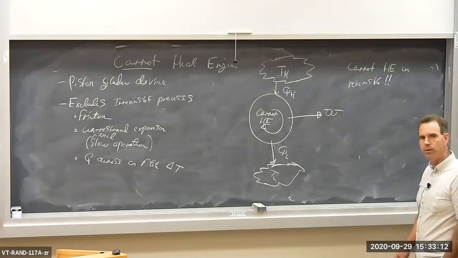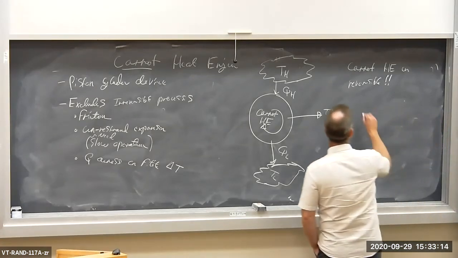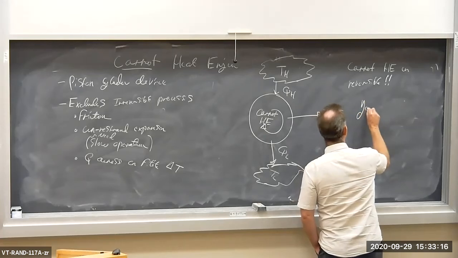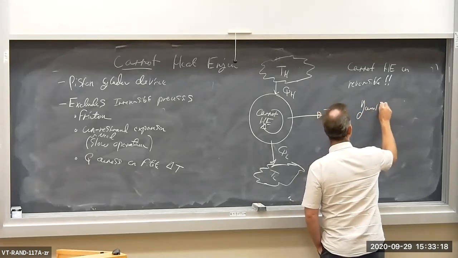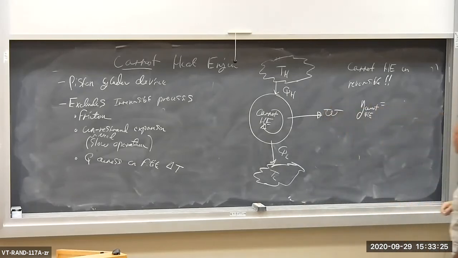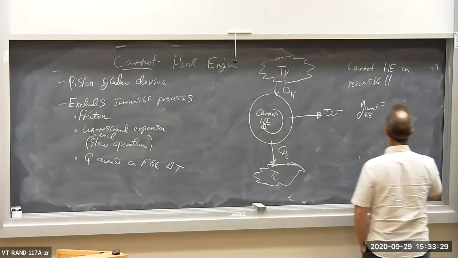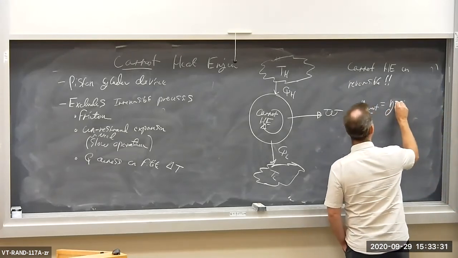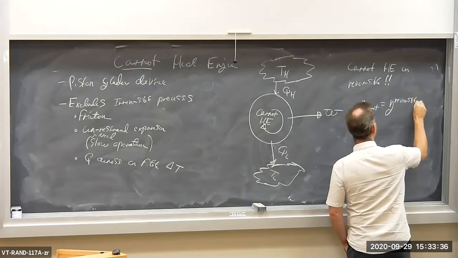So let's calculate the efficiency of this thing. So the efficiency of the Carnot cycle, or Carnot heat engine. Well, it's a reversible heat engine. It's a reversible device, so the efficiency is equal to that of the reversible heat engine.